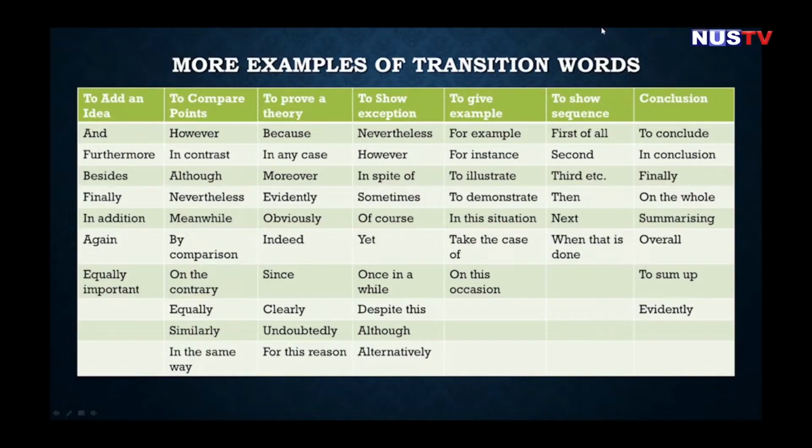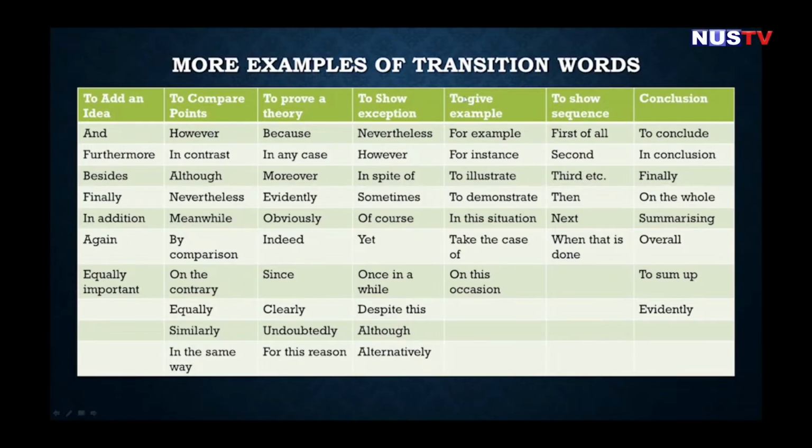You can use these transition words in your paragraphs, such as nevertheless, however, in spite of, sometimes, of course, yet, etc. So you can choose from these. You can use as many as you want in your paragraphs.